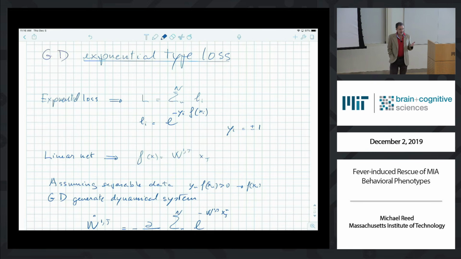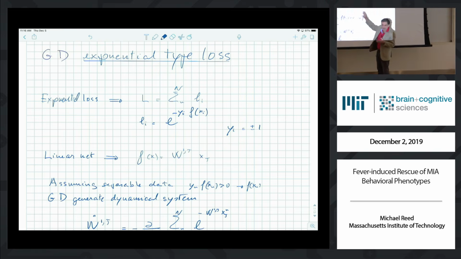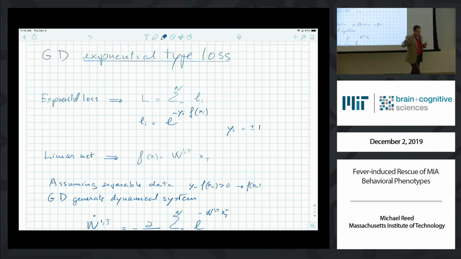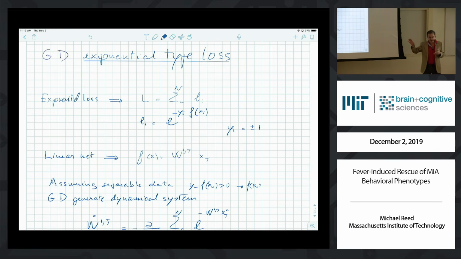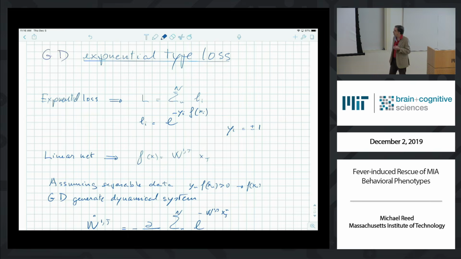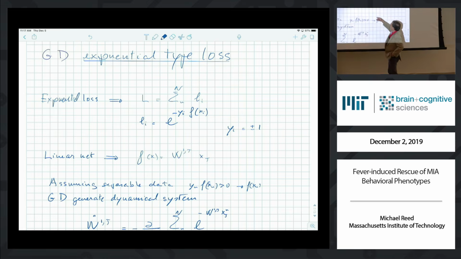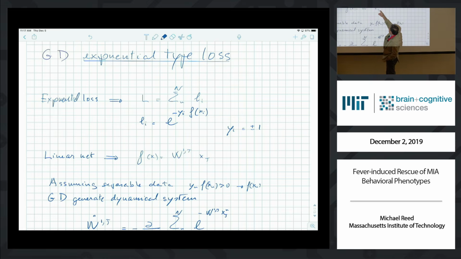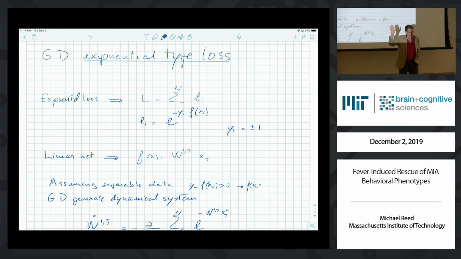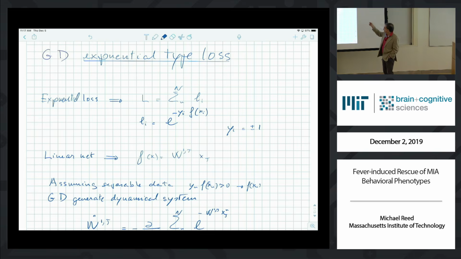Here I'm not using the cross entropy, I'm using a simplified version of it, but as far as I know, all of the properties we'll discuss are essentially true also for the cross entropy, or the logistic, which is the special case of the cross entropy for binary classification. So the loss function will be e to the minus y f, and I'm considering for simplicity binary classification, so y, the label, is +1 or -1, and f is the neural network.